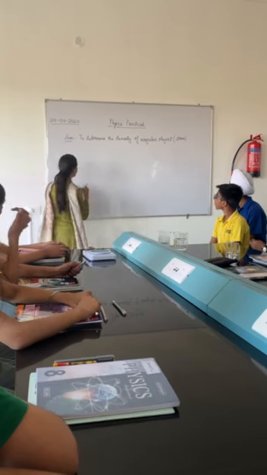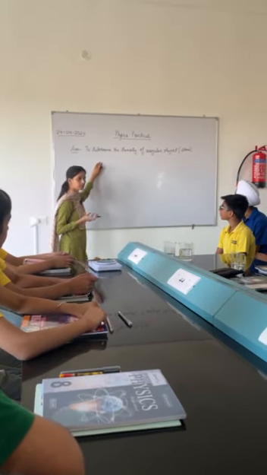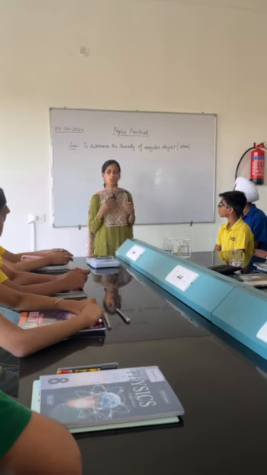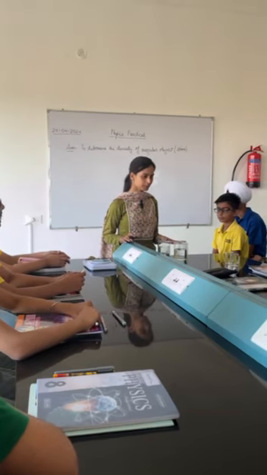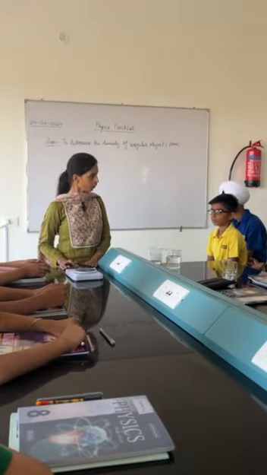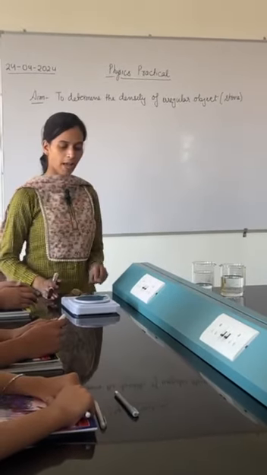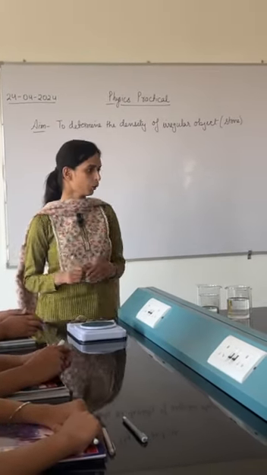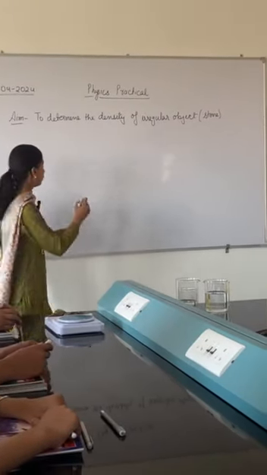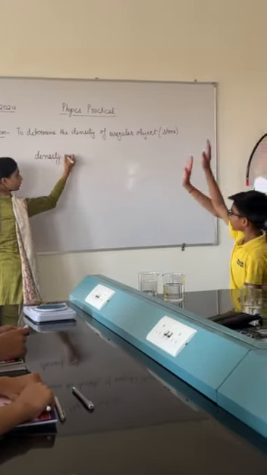In order to find the density, we have some requirements to complete our physics practical. We have beakers, we have a stone, and to measure the mass of this stone, we have a weighing machine. First tell me, what is the formula of density?